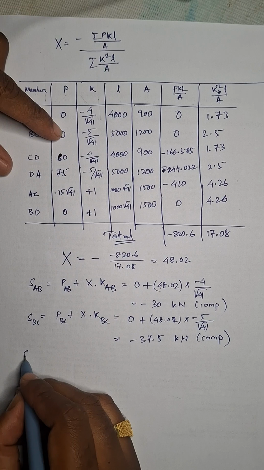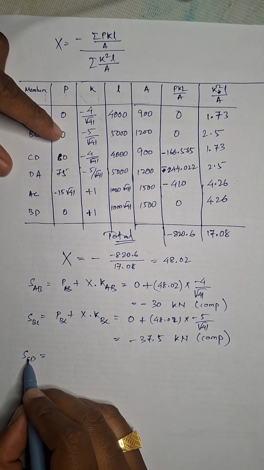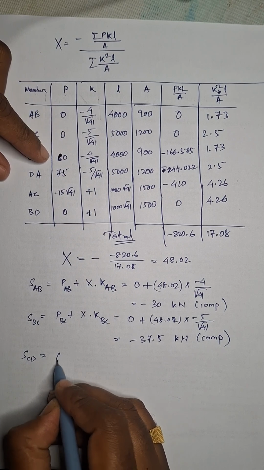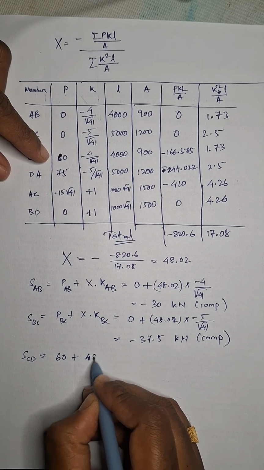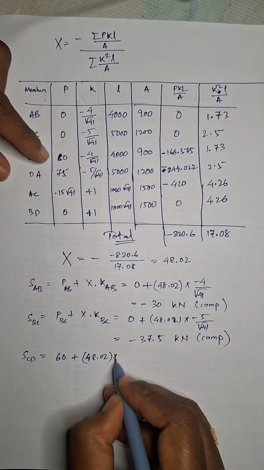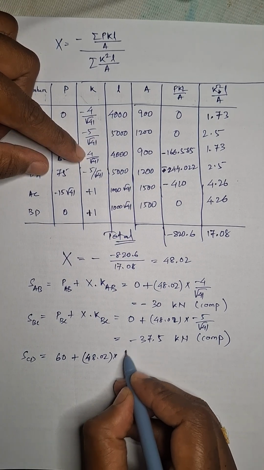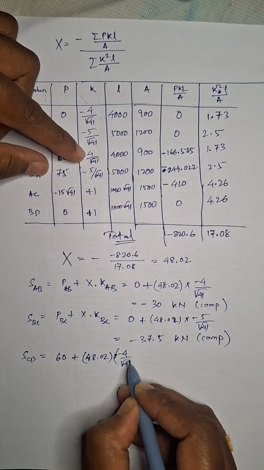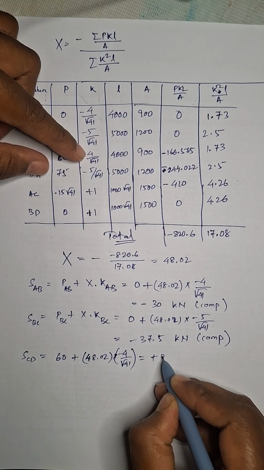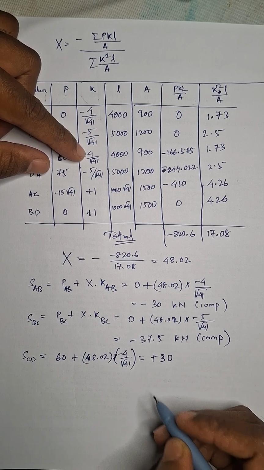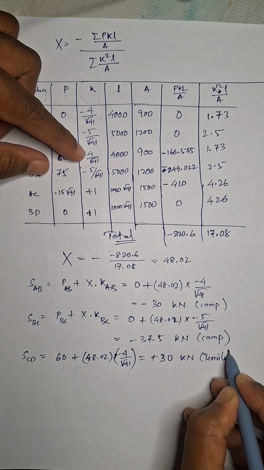Similarly for SCD, what values will we get? PCD is 60, plus X, which is 48.02, into KCD, which is minus 4 by root 41. So we'll get plus 30 kilonewton, which will be tensile in nature.